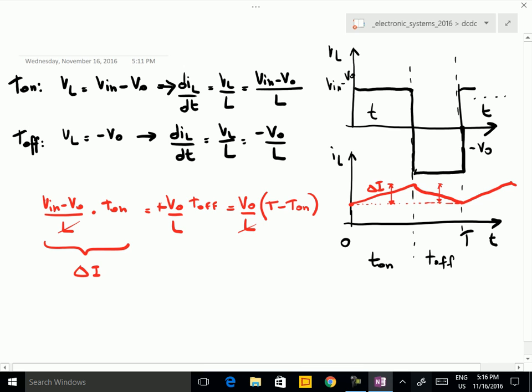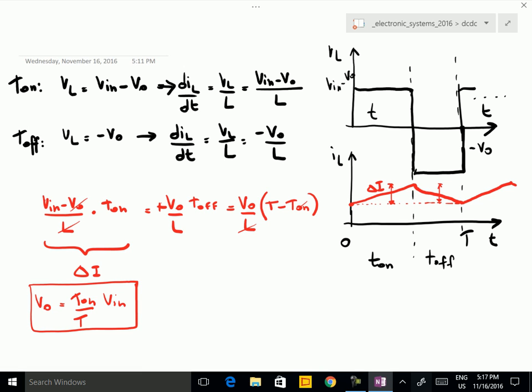And of course, if I extract VO, so also this one and this one go away, I have VO is equal to T on over T times V in, which is exactly what I had already written without looking at the current. This is something that we had already written.